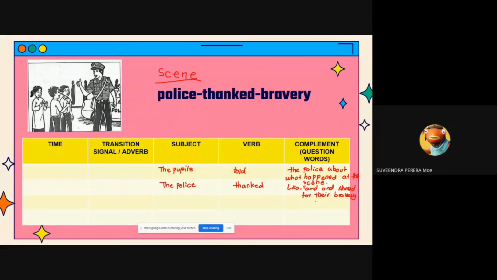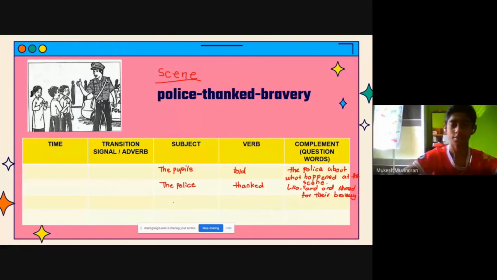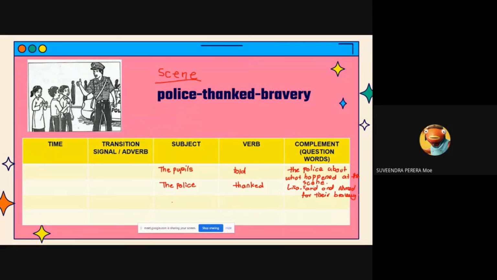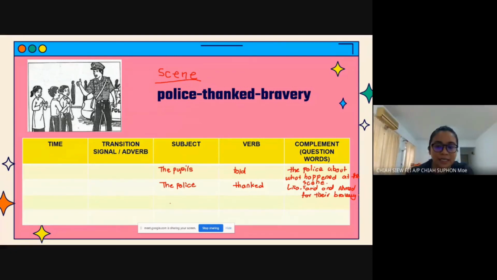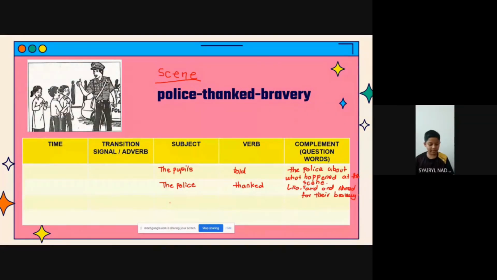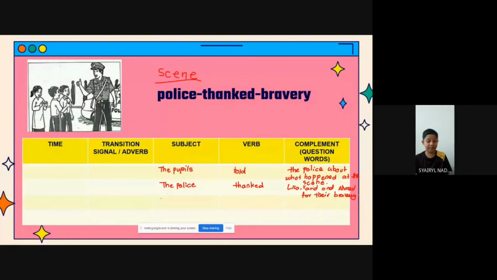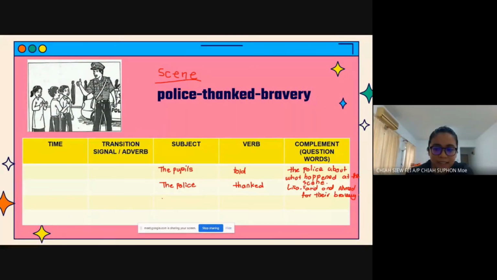Teacher, can I tell my second sentence? Shairil, you want to try, right? Okay, let Shairil try first. The police managed to catch the kidnappers, and the police thanked the kid for their bravery. That is a very long sentence, right?